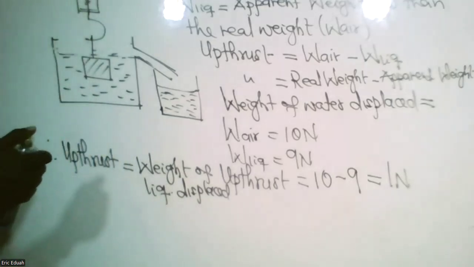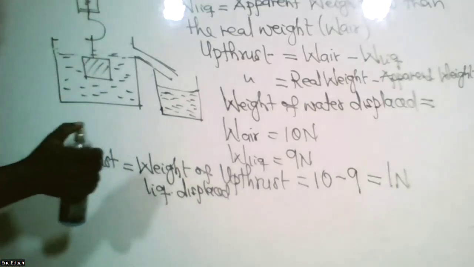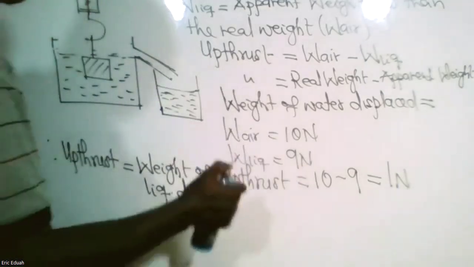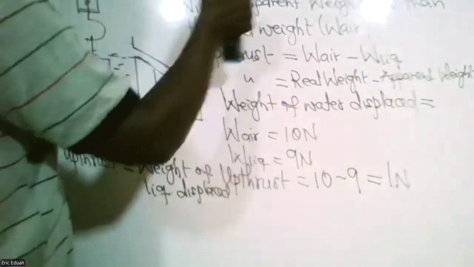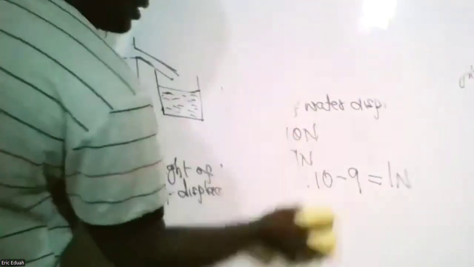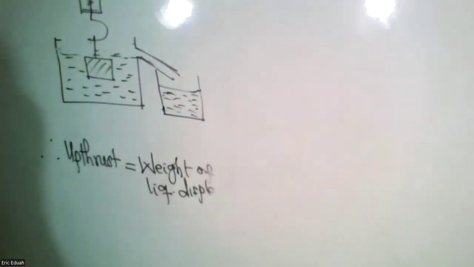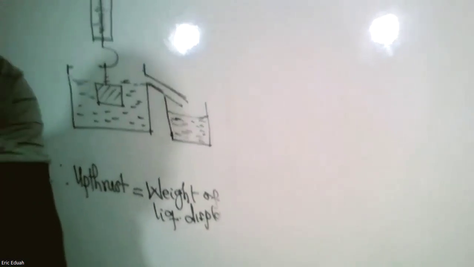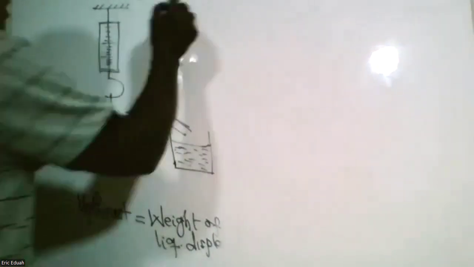So, two ways of determining upthrust: weigh an object in air, weigh the object in liquid. The difference between weight in air and the weight in the liquid is equal to the upthrust. So we conclude that real weight minus apparent weight is equal to upthrust.